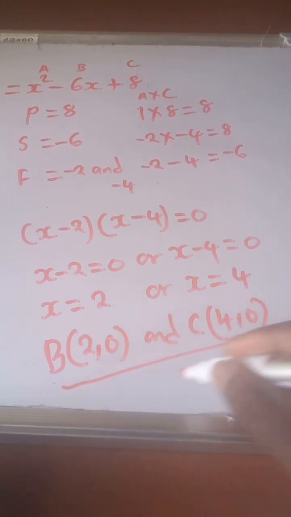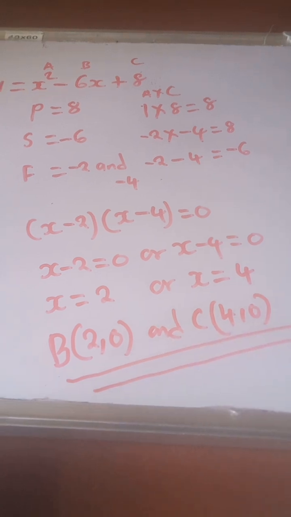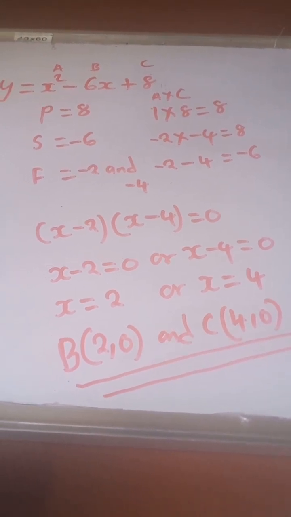So these are the coordinates of B and C. This is how you answer. So we go to question B. I hope you are following and you have enjoyed. This question is simple. It just needs you to know the concept and what to do. Let me rub so that we go to question B.